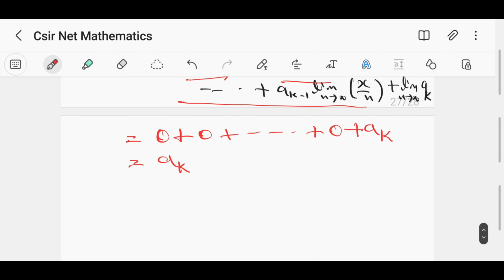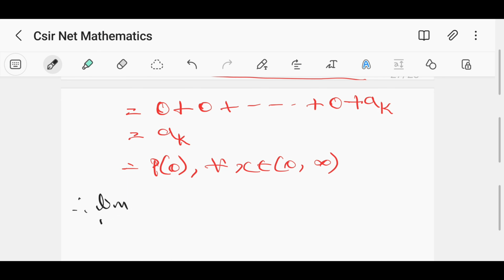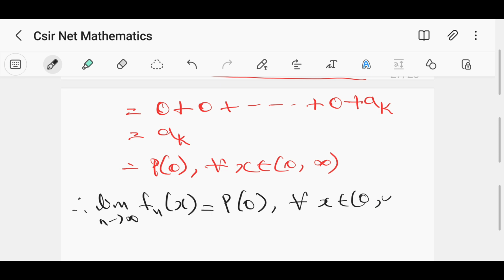Therefore we have a_k as nothing but P(0). So this is for all x belonging to (0, infinity). Therefore limit as n tending to infinity of f_n(x) is equal to P(0) for all x belonging to (0, infinity).